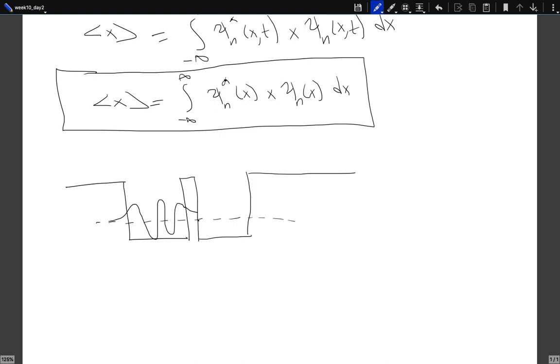But now here, exponential decay never goes to 0. So when it reaches the second wall, there is a finite wave function. So the wave function has to be continuous. So the wave function will have such a form. So even if you put an electron over here, you might end up having an electron on the other wire.